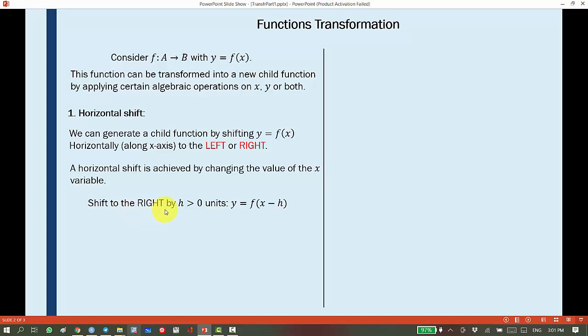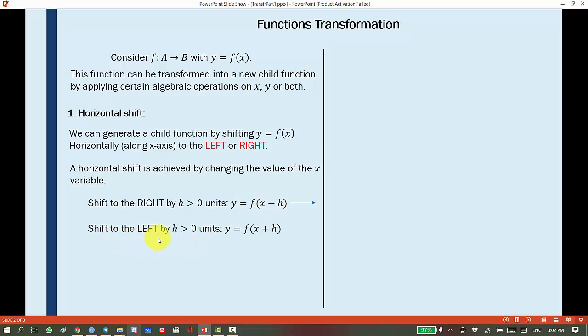Shift to the right by h, which is a positive number, is achieved by subtracting h from x. That is, this function y is equal to f of x, which is the parent function, is shifted to the right by h units. Then the equation of that new child function is y is equal to f of x minus h.